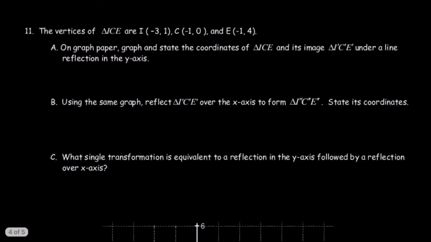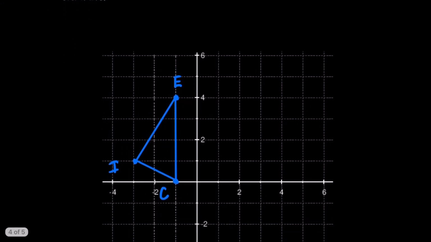Okay, so now what are we doing? It says, and its image, I'C'E', under a line reflection in the y-axis. Now I need to state the coordinates as well. So I'll have an I', C', and an E'. It's pretty easy to reflect in the y-axis. So visually, let me show you what we're doing.